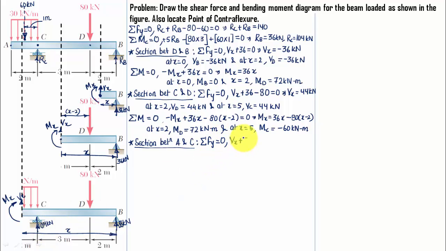Vx plus 36 plus 104 minus 80, since this is downwards. But what about this UDL? Now this UDL has a magnitude of 30 kilonewton per meter. If you were to replace this UDL by a single concentrated load or a single point load, how can that be done? Watch carefully. Now this portion is something that we need to focus on.